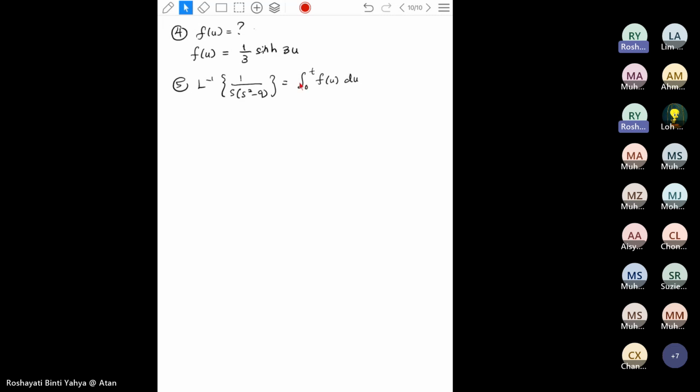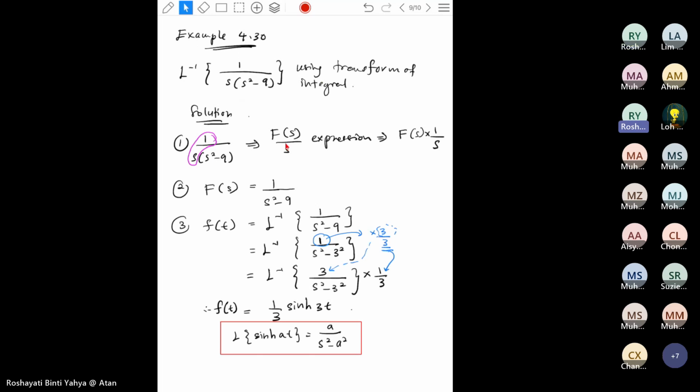Class, why do we need to integrate f(u) du here? Because if you want to use the integral method to solve your inverse Laplace transform, your function can be rewritten as F(s) over s, or F(s) multiplied by 1 over s, the same thing.